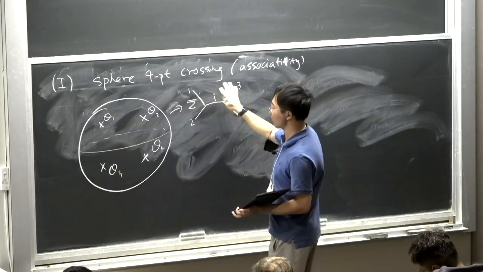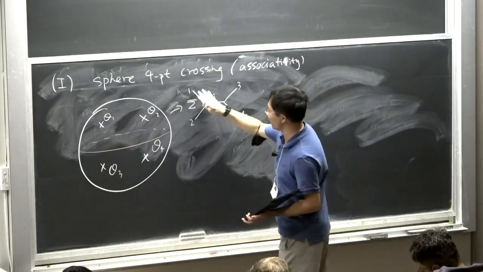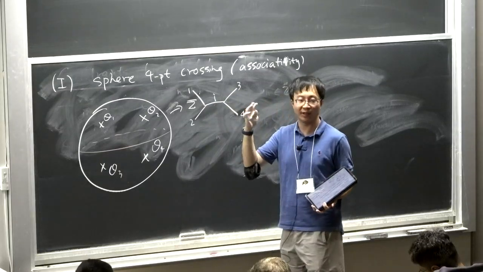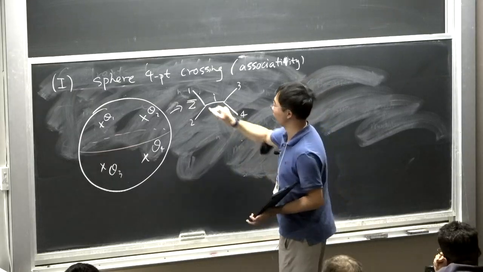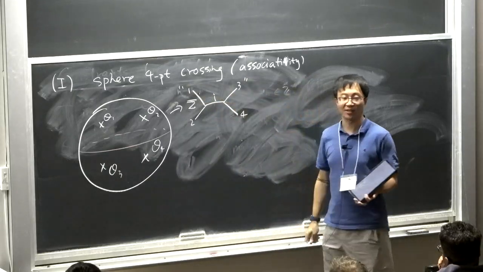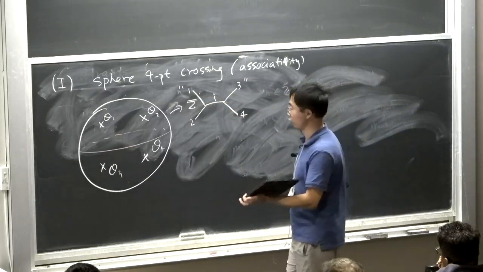But I emphasize this picture is schematic, in the sense that all these lines do not have actual meaning in terms of topological defects. So I'll put a quotation mark just to emphasize this is schematic, to avoid any confusion.